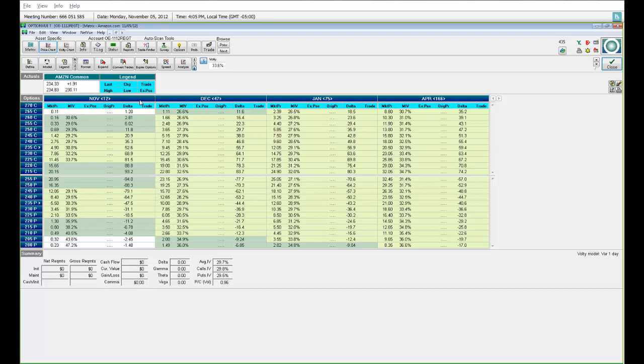Now, I'm going to talk about what a put and a call is. So please don't look at this matrix and think that this is very complicated, because it's not. Amazon stock right now, well, I guess it closed at 234 today, right here.